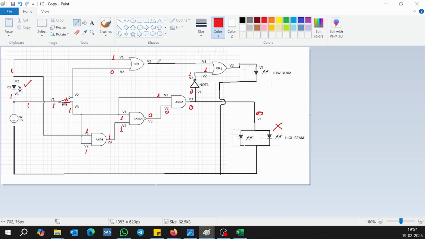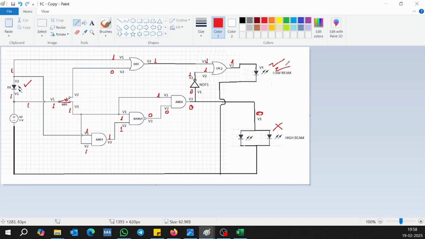This output is 1 and it goes here also as 1. So once the OR gate, or 2, senses an input coming, it will make the output 1. Once it is 1, the low beam will turn on.